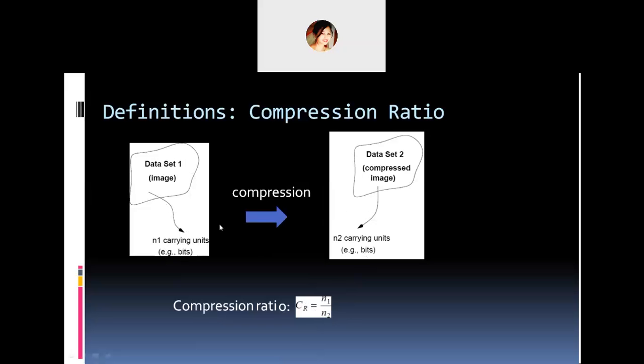So CR equals n1 by n2. We'll solve some sums later on, so just keep this equation in mind.